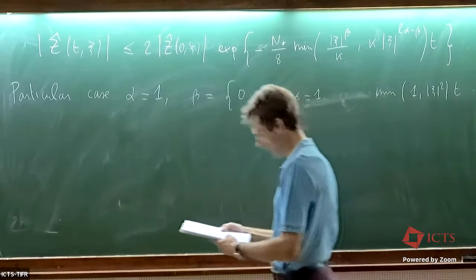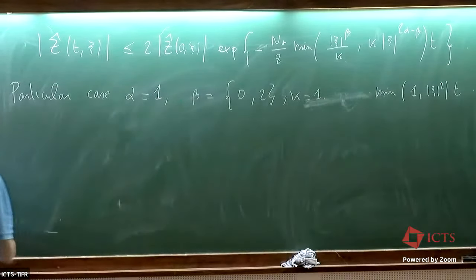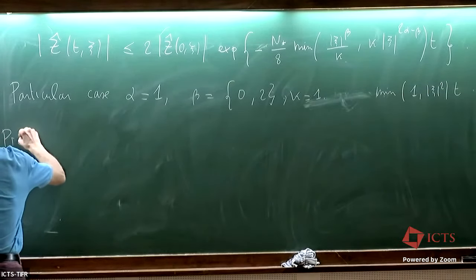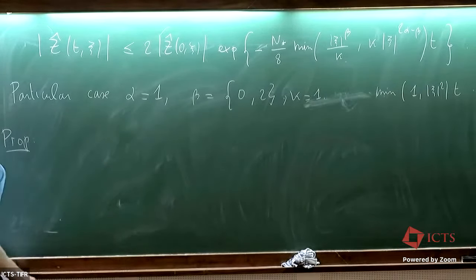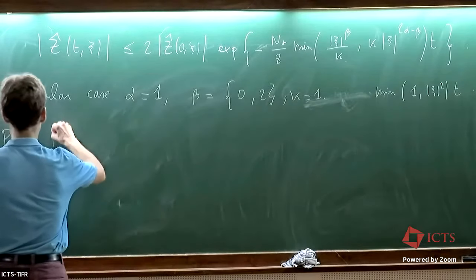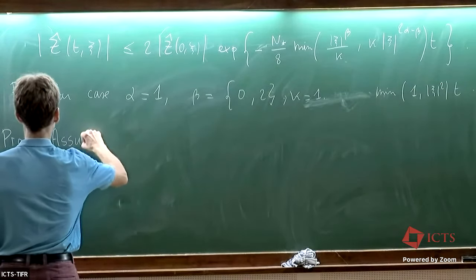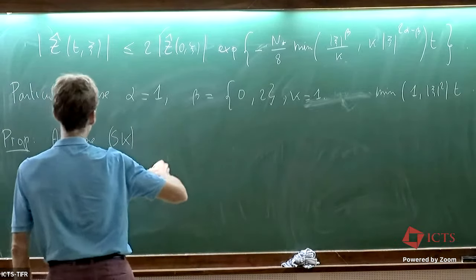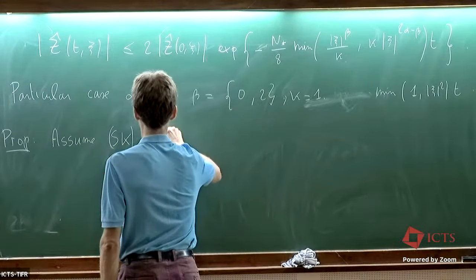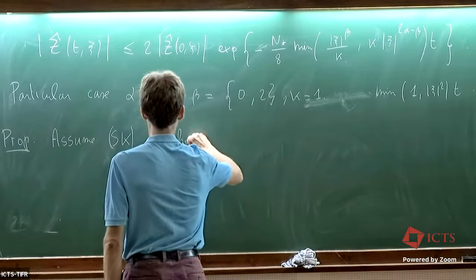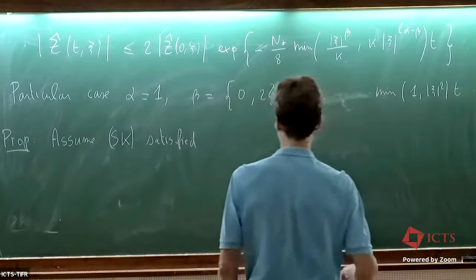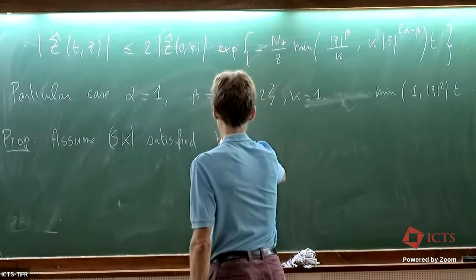Okay, so what does it mean? It means that you can state a proposition, if you like. Assume that SK, the Shizuta-Kawashima condition, is satisfied for every point, for every omega.